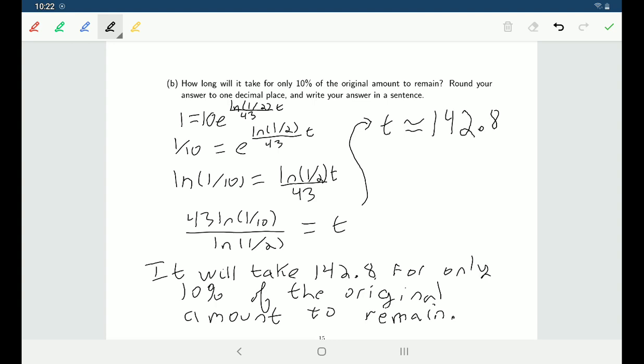We're just now solving an exponential equation. I isolate the exponential function by dividing by 10. Then I rewrite it as a logarithmic equation. Then once I've done that, I can solve for t and then run that through my calculator to find about 142.8. And so that's how long it'll take for only 10% of my original amount to remain.